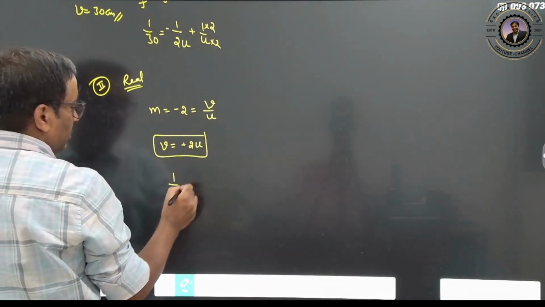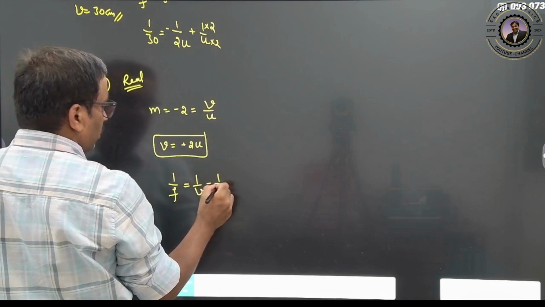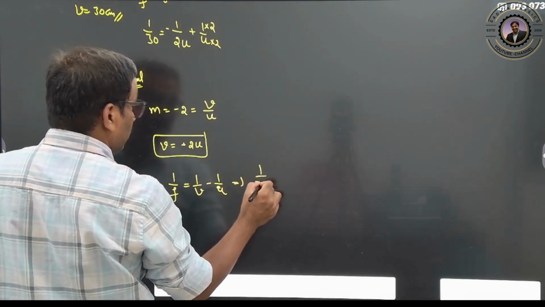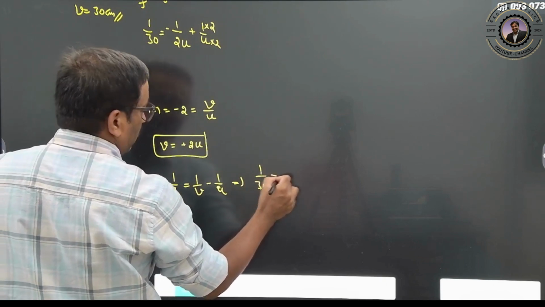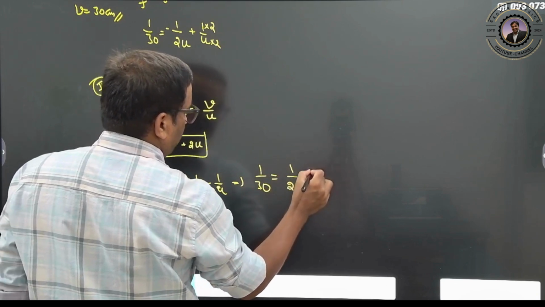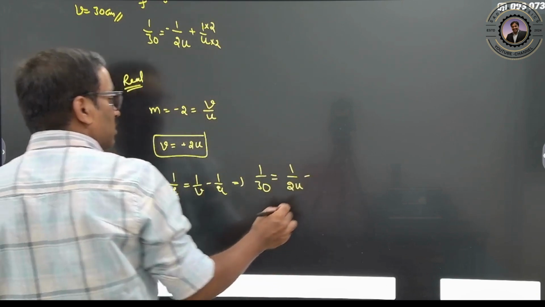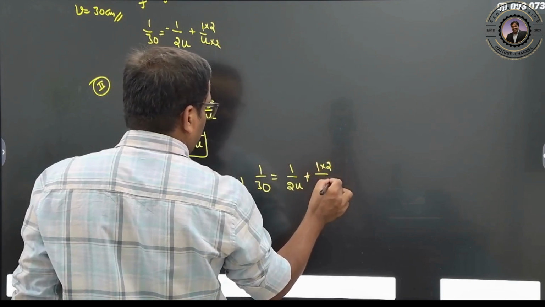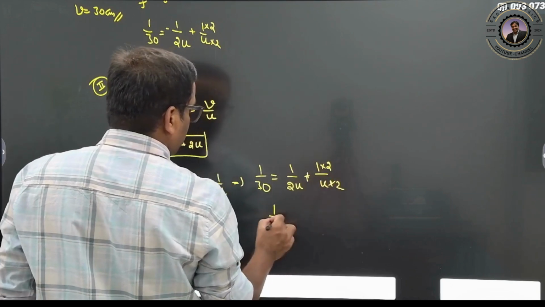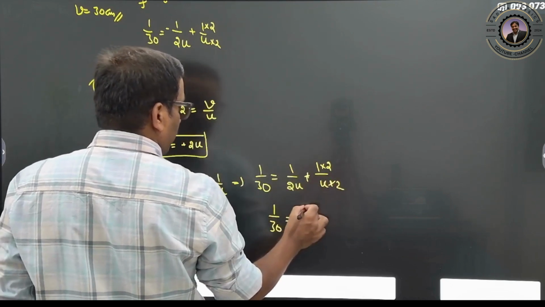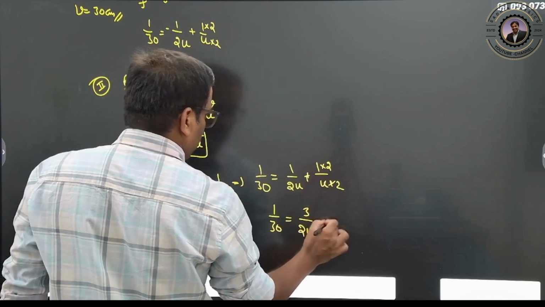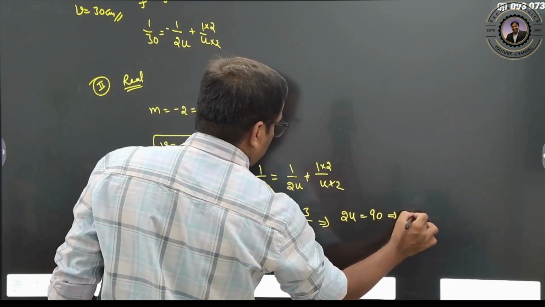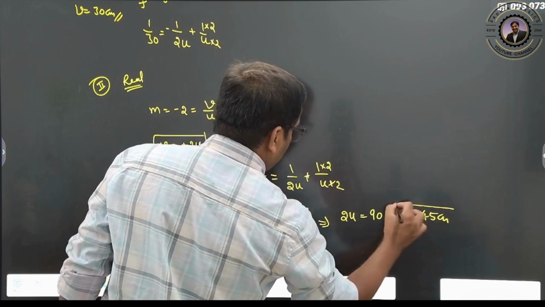So 1 by f is equal to 1 by v minus 1 by u, that implies 1 by 30, 1 by 2u minus of minus, plus 1 by u. Therefore I can multiply by 2. So 1 by 30 will be equal to 3 by 2u. That implies 2u is equal to 90, so u is equal to 45 centimeter.